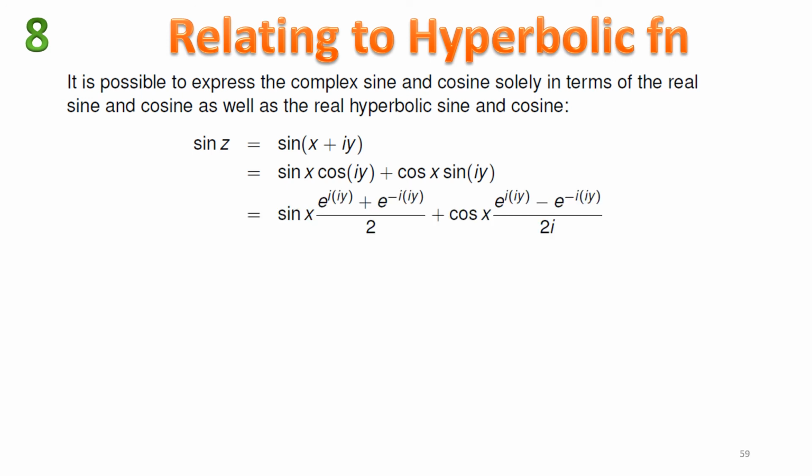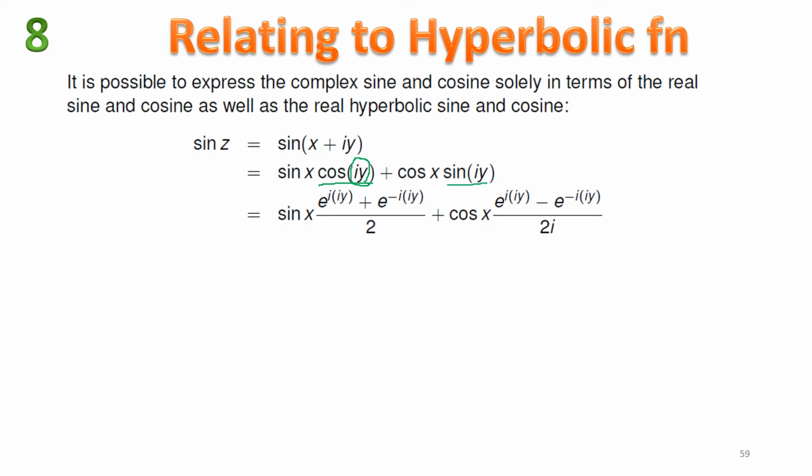Further we can write cos of iy; this iy is the angle, the argument. So e to the i times iy plus e to the minus i times iy upon 2 will make cos of iy.